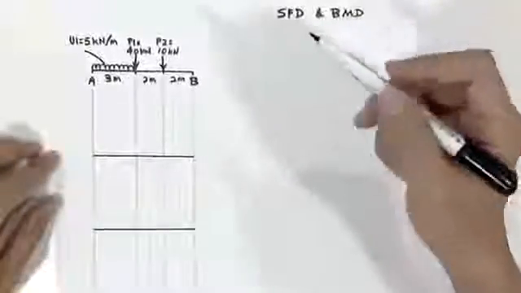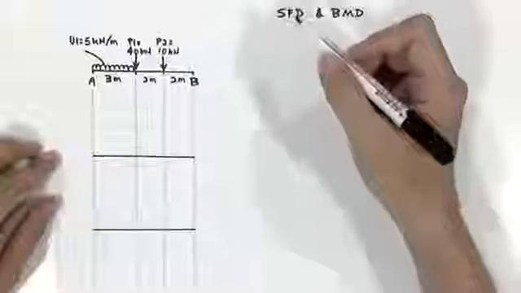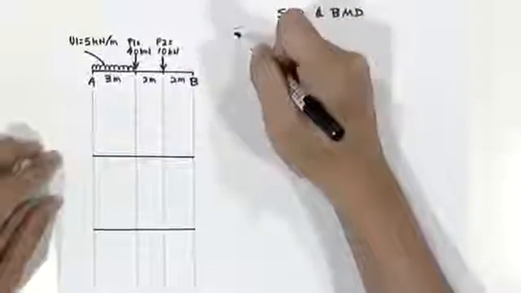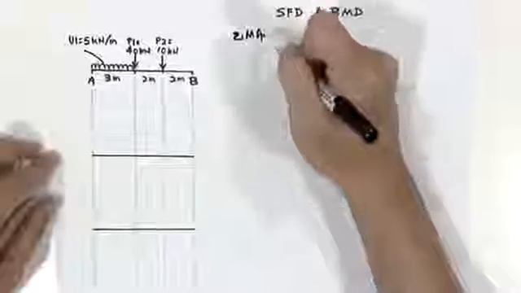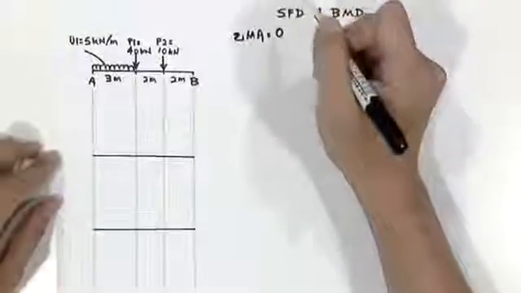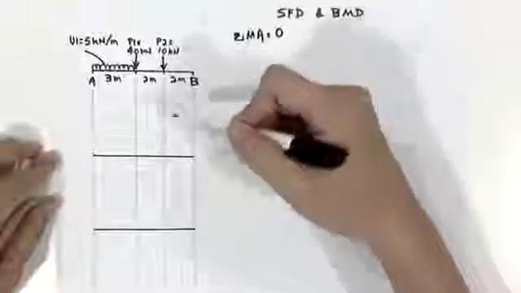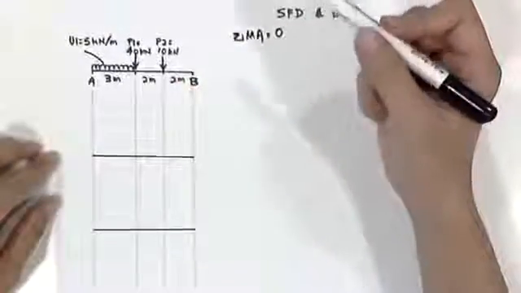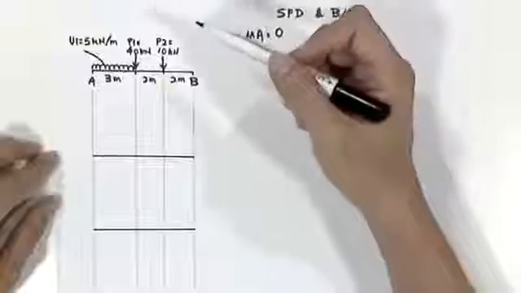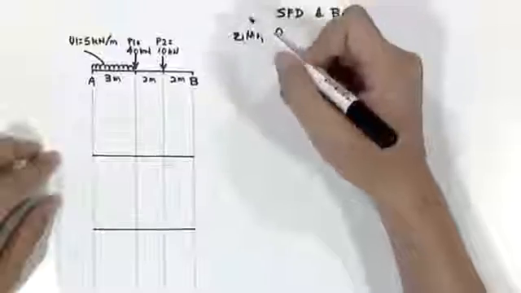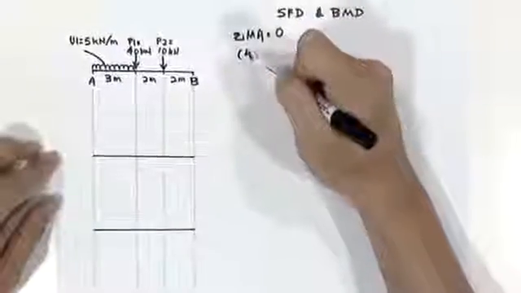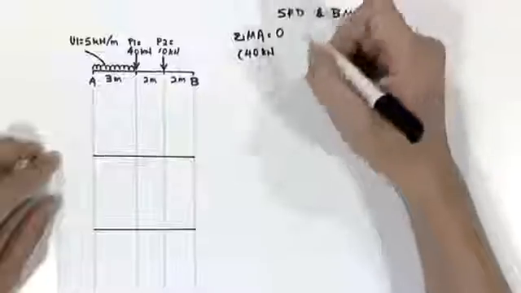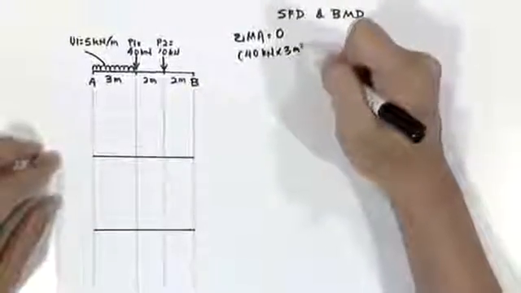So by following the equilibrium formula, we know that sigma MA equals 0. So we'll go into calculating all the moments that will act on point A. The first moment will be coming from P1, which is 40 kilonewton times 3 meter.